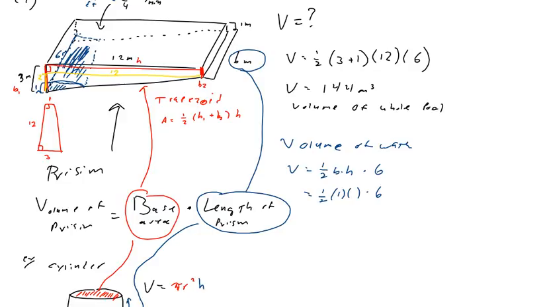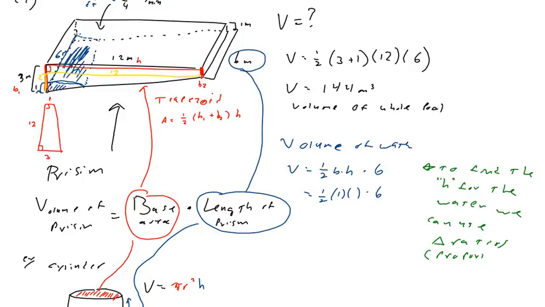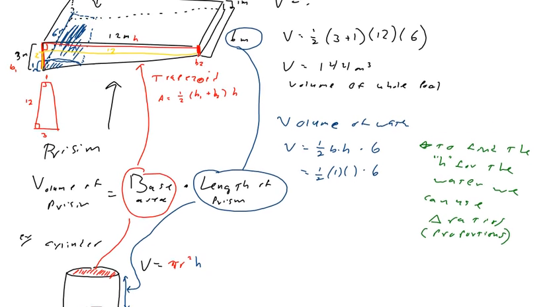To find the h for the water, we can use triangle ratios, proportions. Right, we can use proportions.